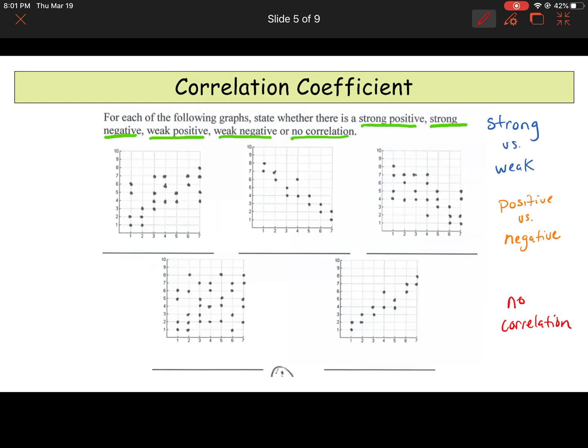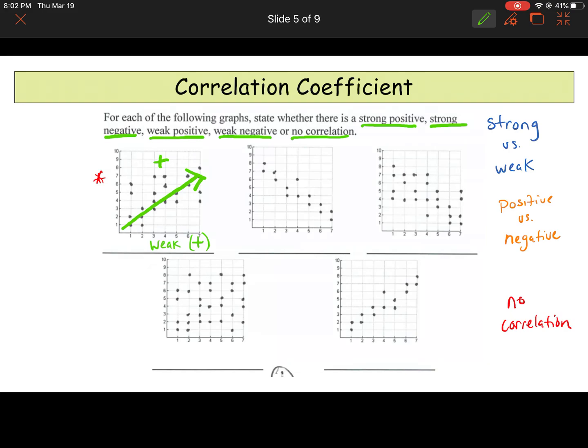So if we look at the first graph right here, we can kind of tell that the dots are really spread out. So I would definitely call that a weak correlation. But they are kind of increasing in a positive direction. Okay? So I would call this a weak positive correlation.